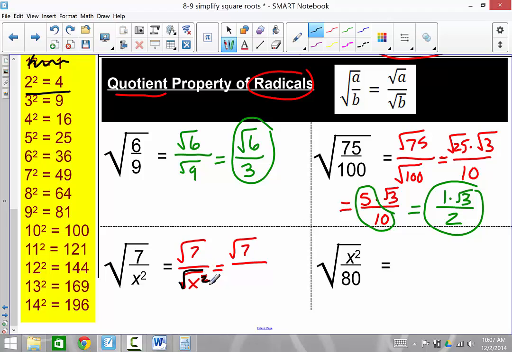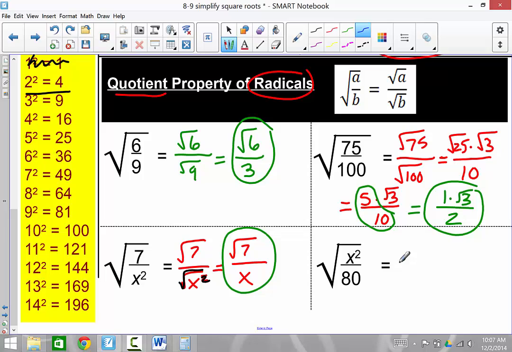So if these two appear together, we know they cancel each other out. So what's left over is just the x. Okay? So again, these two symbols here, these two operations, they are inverse operations of each other. They will cancel each other out. So final answer, square root of 7 over 6 is a simplified form from our original problem.